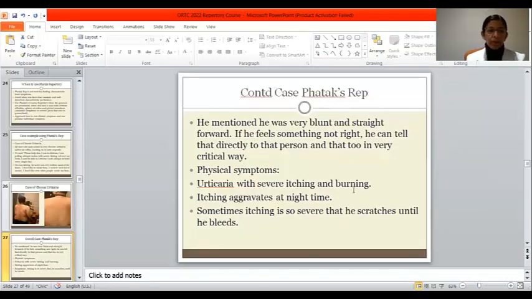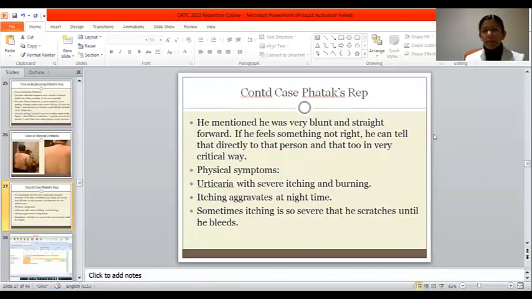So he also mentioned his nature. He said he was very straightforward. He was very blunt. He said that if he felt that something was not right, he would directly tell that person in a very critical way. He would even go to the boss and tell him that something is not right.